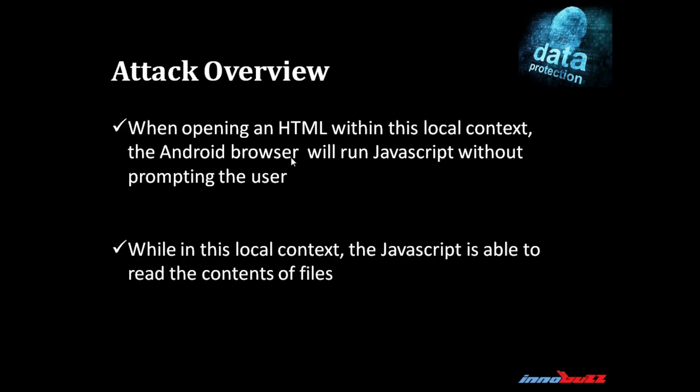When this HTML file is opened within this local context, the Android browser will run the JavaScript without prompting the user. While in this local context, the JavaScript is able to read the contents of the files.